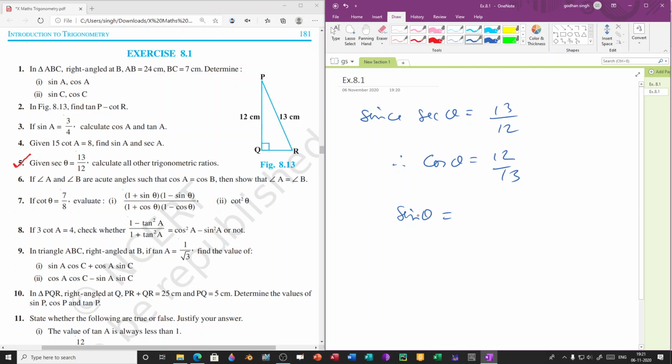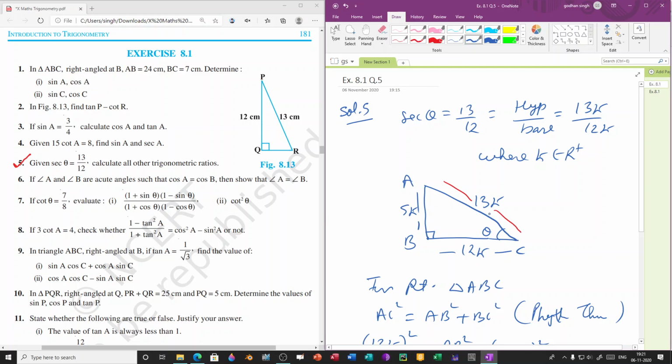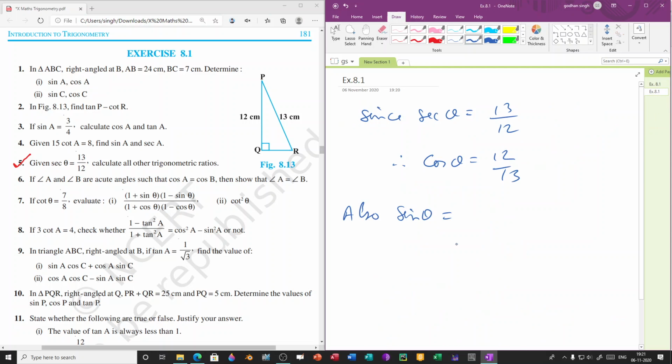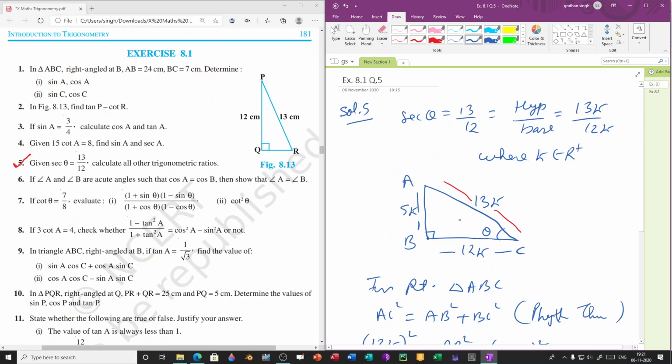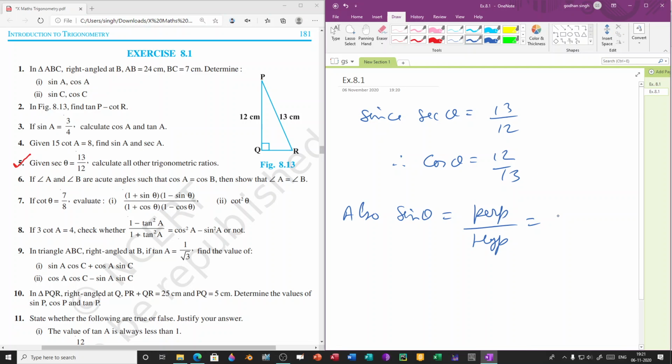And now let us write down sin theta. Sin theta is perpendicular by hypotenuse. What is the perpendicular in this case? So first let us write down the formula, the way it is defined. Perpendicular by hypotenuse. So what is the perpendicular? The side opposite to theta, that is AB. So we'll be writing AB over AC, because AC is the hypotenuse. Therefore we can say that sin theta equal to, what is AB?